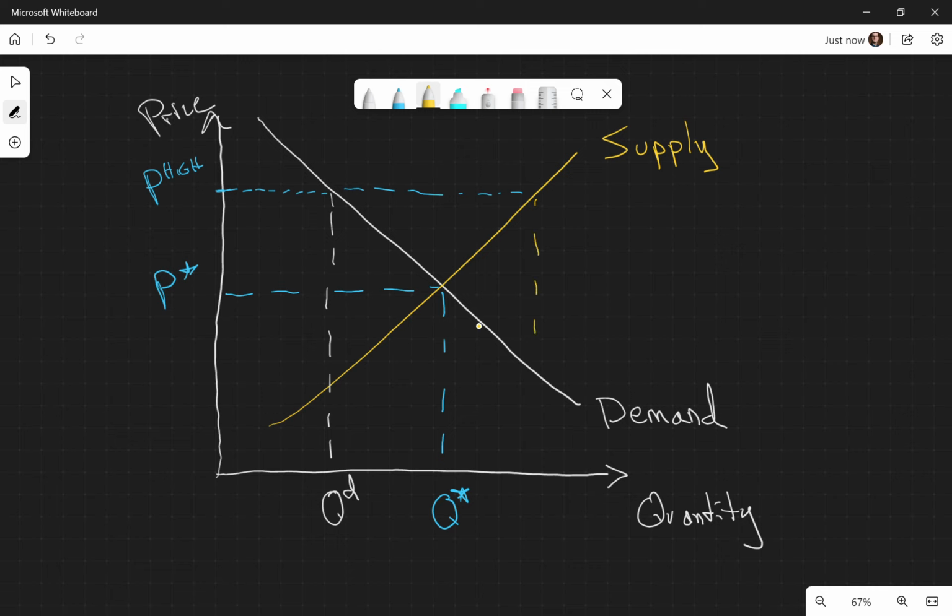And that this inequality would create something. Do we remember what that name is, the thing that it would create? When we have more of something supplied than that is demanded. Surplus. Very good. Surplus.